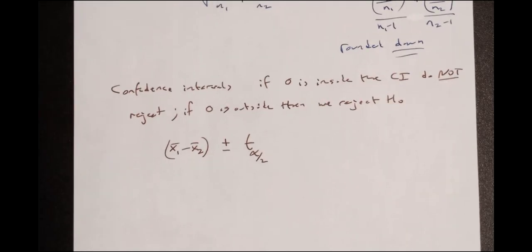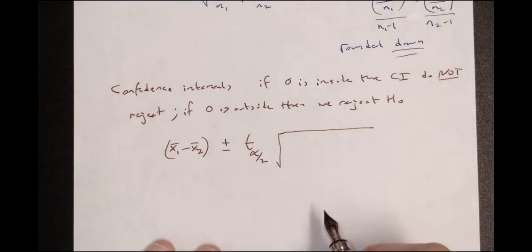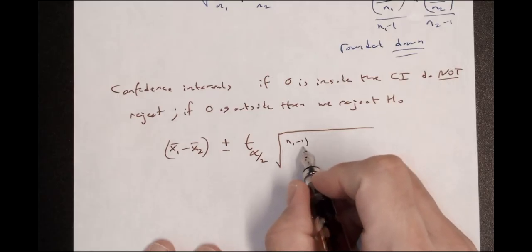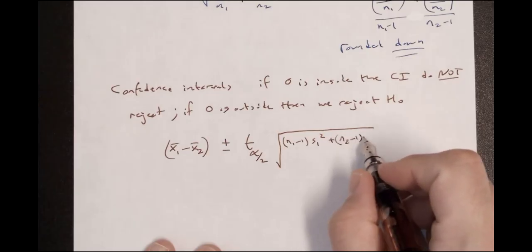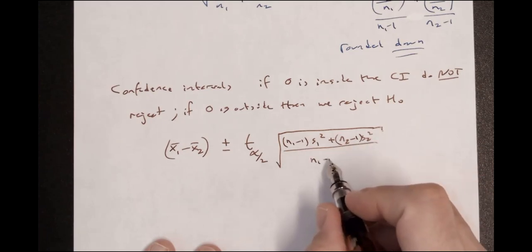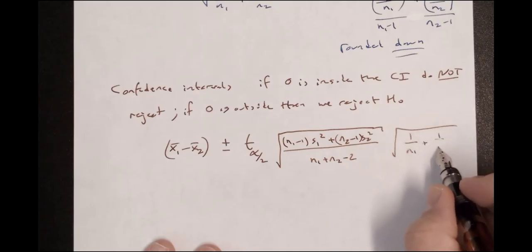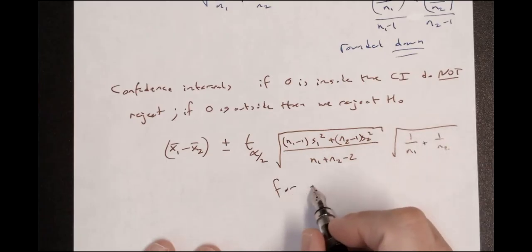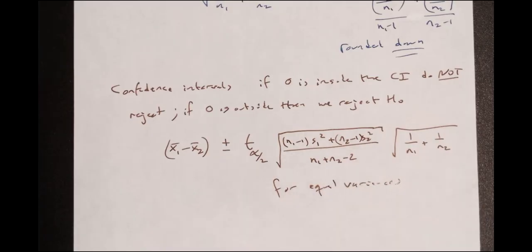If I assume equal variances, you'll notice that big first square root, that's got the pooled variance.